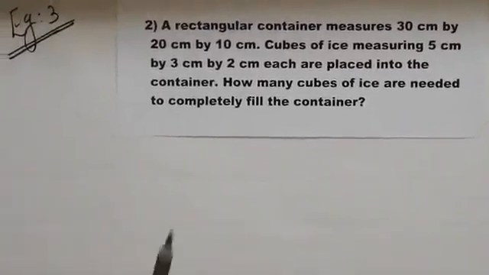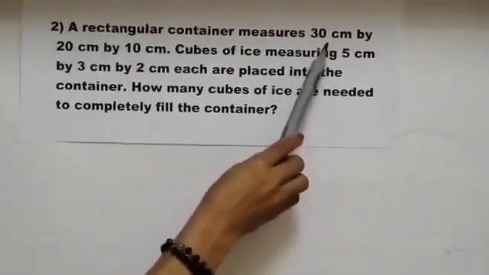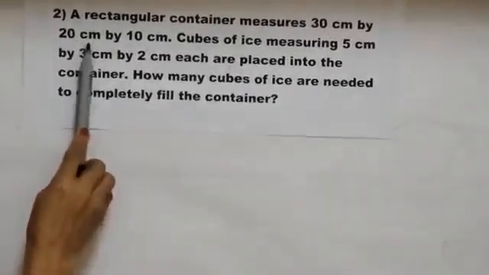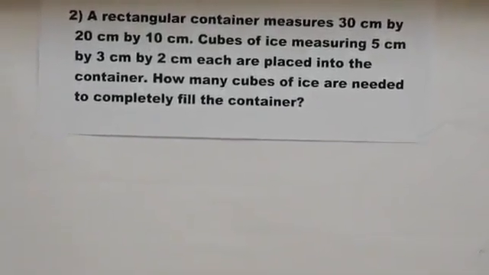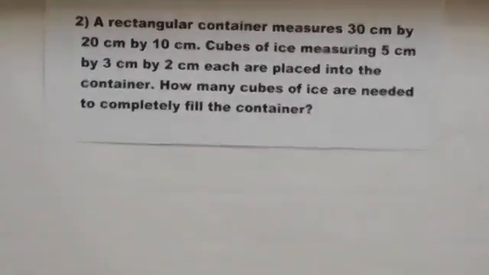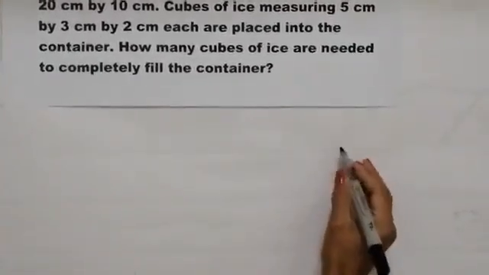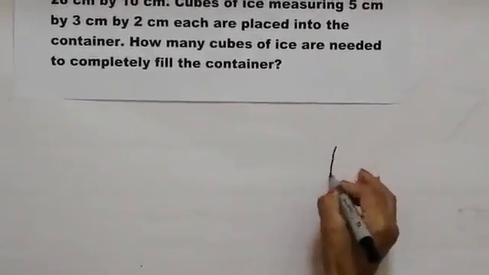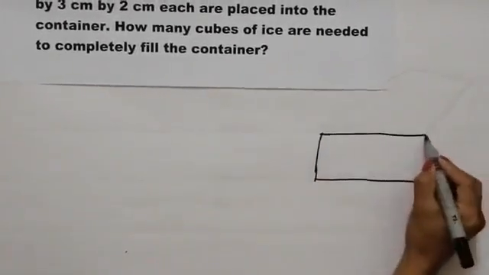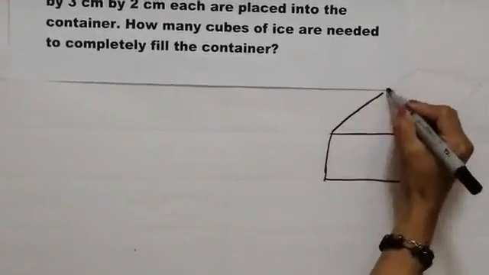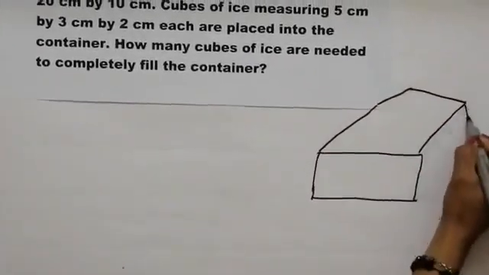In this question, a rectangular container measures 30 centimeter by 20 centimeter by 10 centimeter. So we will first draw the figure here. We will draw a rectangular container, like this.